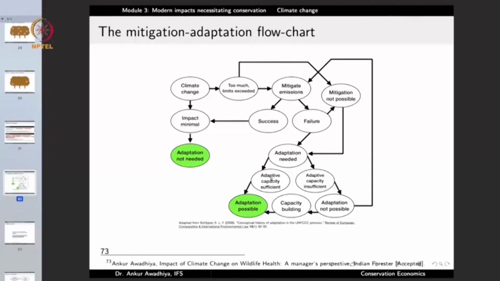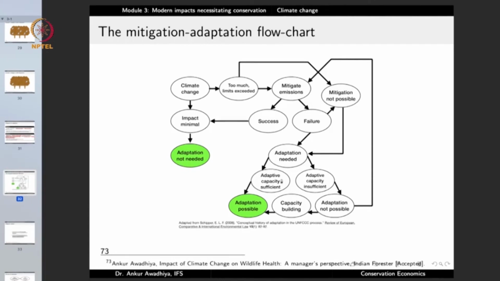There could be certain societies that can do adaptation. There will be certain other societies, probably the poor societies, that will not be able to bring about adaptation. If adaptive capacity is sufficient, then adaptation is possible. If adaptive capacity is not sufficient, then adaptation is not possible.